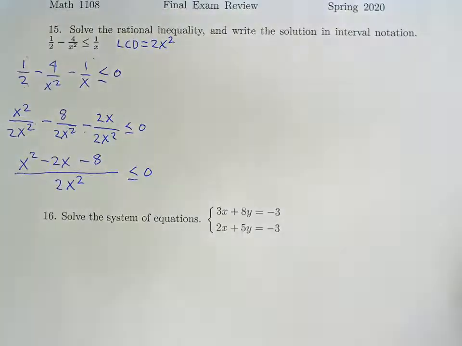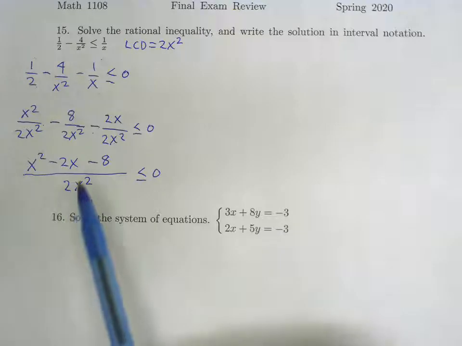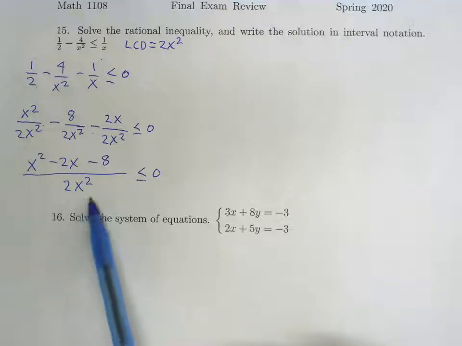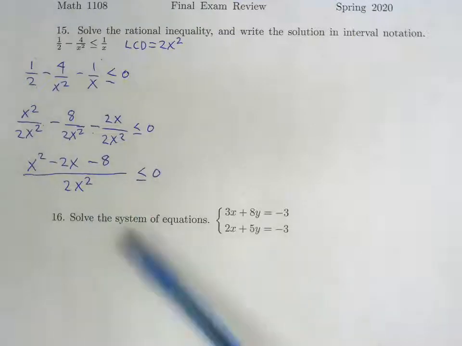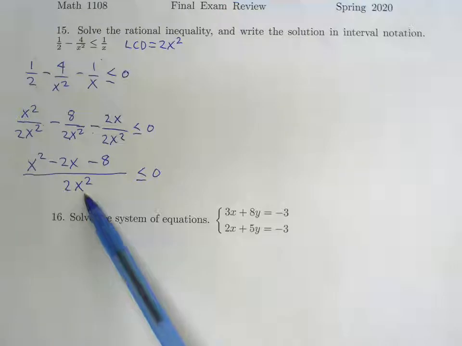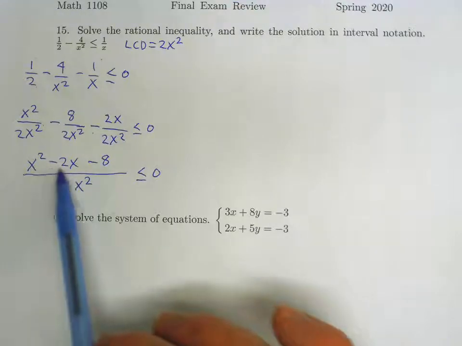Now we can find the endpoints. The endpoints are the x values that make the numerator 0 combined with the x values that make the denominator 0. We can tell by looking that when x is 0, the denominator is 0. So x equals 0 is one of the endpoints. And then we can also factor the numerator.